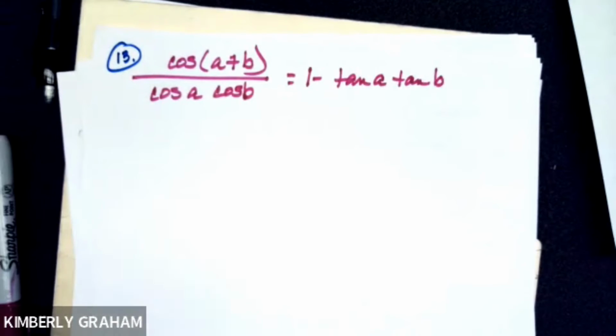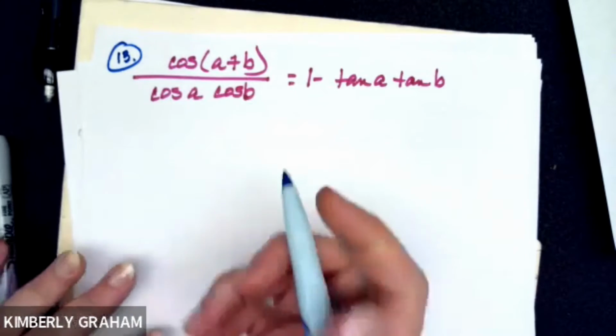Really, you need to be sure that, when you're working with identities, you are using the same angle, whether it's alpha or x or whatever. You need to be sure that you're using that same angle. So this is usually a good place to start, to get rid of this thing. And then you'll have everything in terms of A's and B's for your angles.